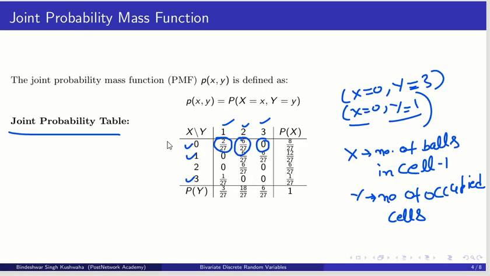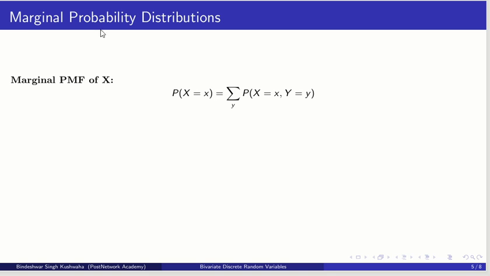Here if we talk about the marginal probability mass function, we will just add all values for X equal to x. That means here we will accumulate X equal to 0, that means we will add all the values for X equal to 0.